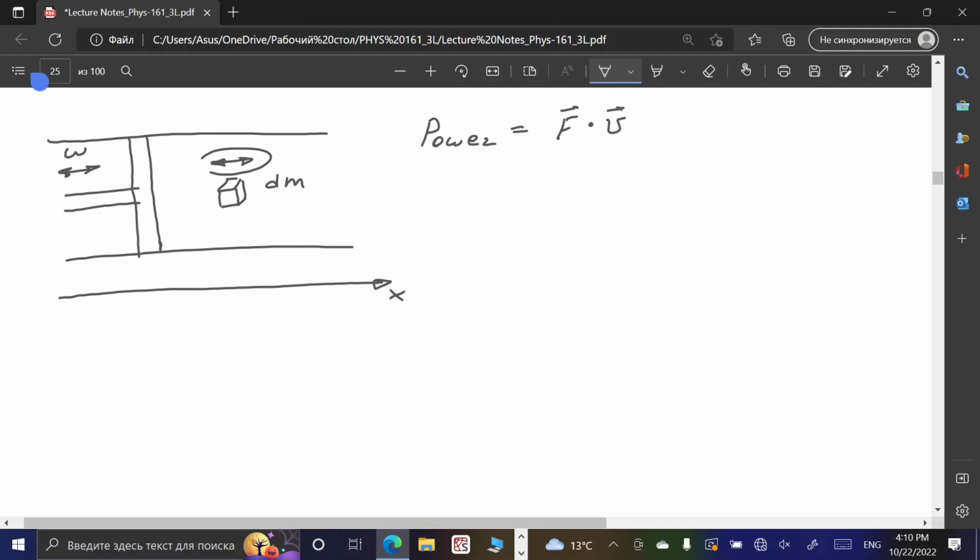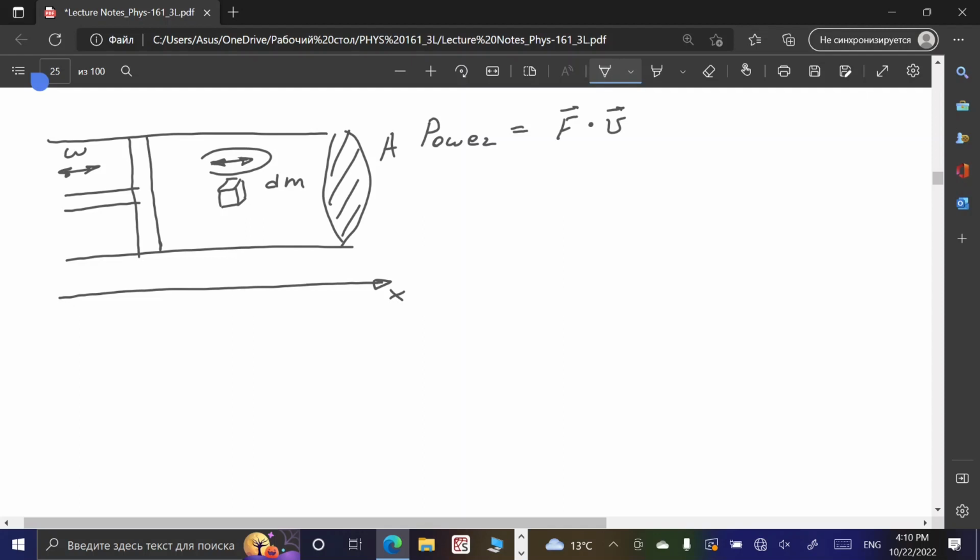And what will be the force if we know pressure? We multiply pressure by area, and that is the area of the cross section of this cylinder.